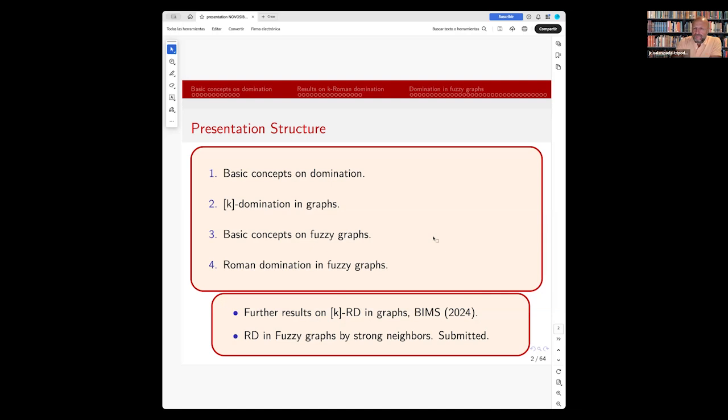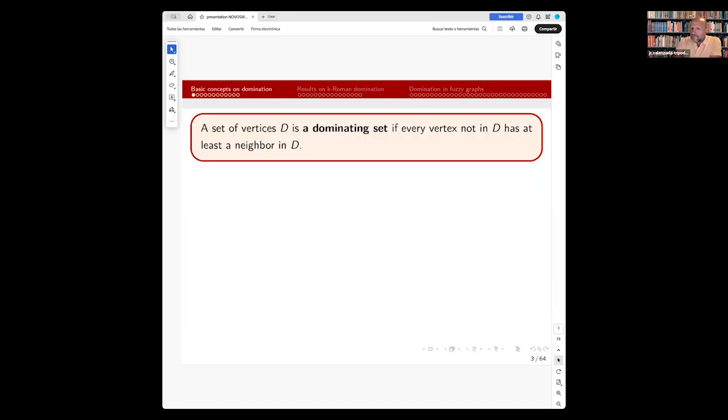Well, let me start by quickly recalling some basic concepts in domination. I know that all of you are familiar with these concepts.